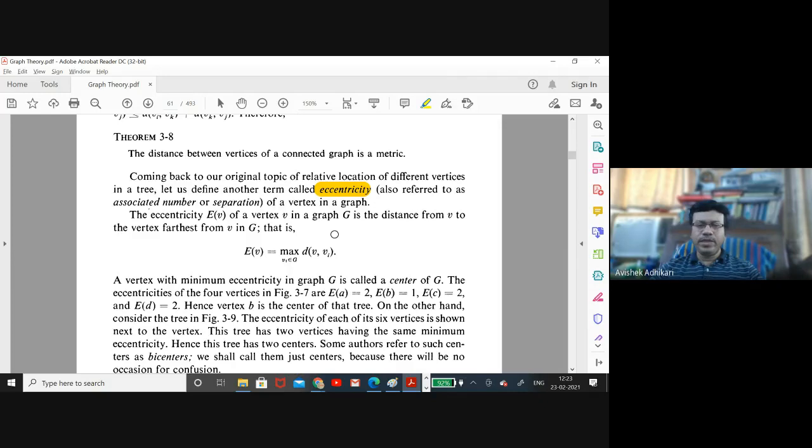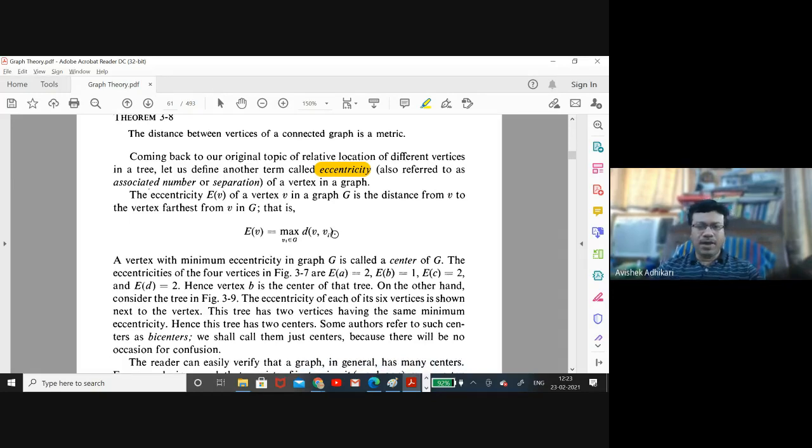So that would be the eccentricity of the vertex. A vertex with minimum eccentricity in a graph is called the center of G. Now it will be clear to you. So what is the center and what is the eccentricity then?